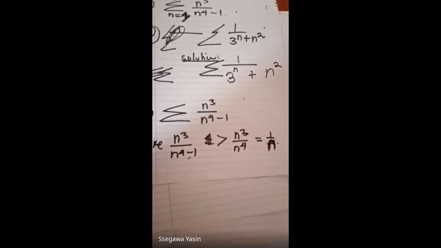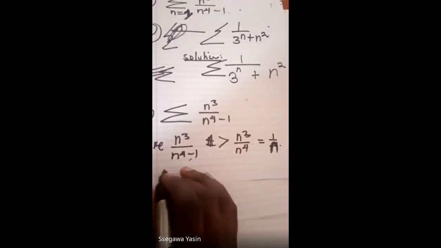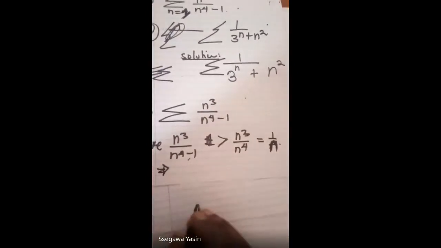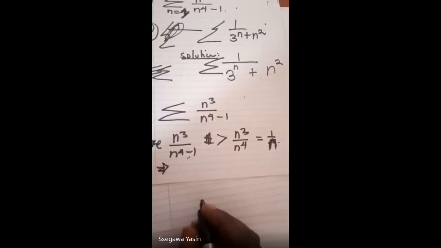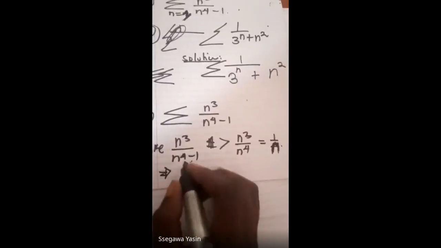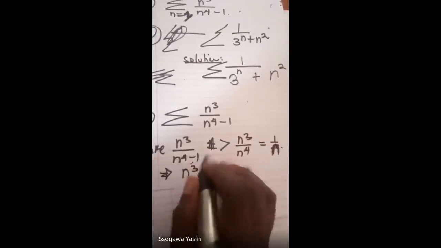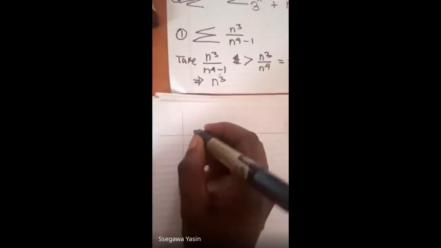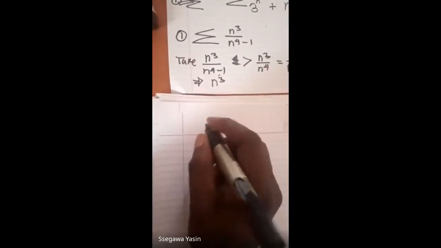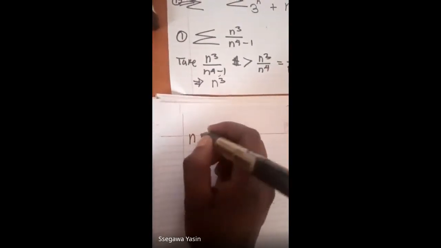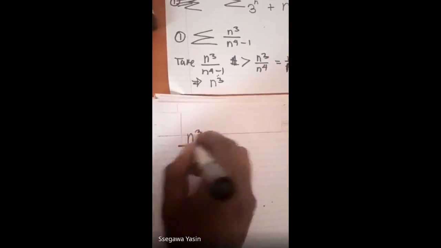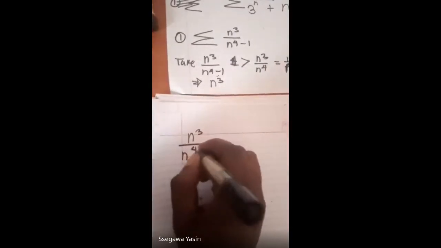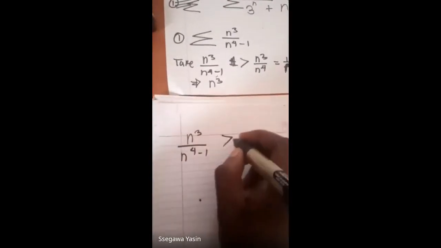So what we have seen is that n cubed over n to the 4 minus 1 is greater than 1 over n.